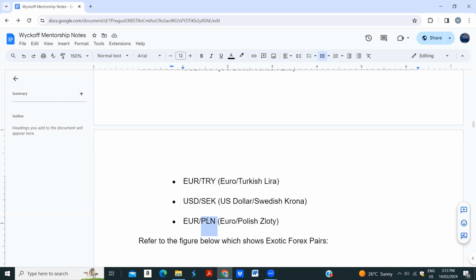The PLN is not a major economy currency, but the euro is one of the 8 major economies of the world. So when we combine a major currency of the world with a non-major currency of the world, we get an exotic pair.